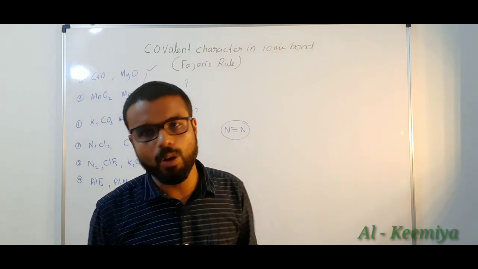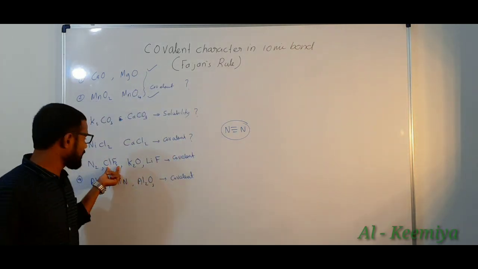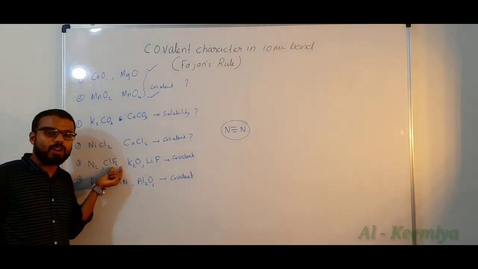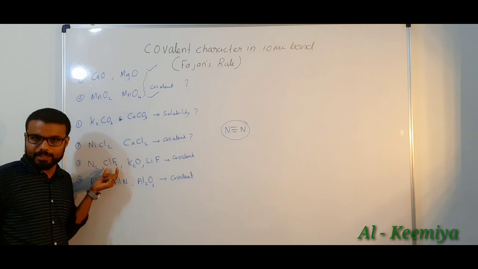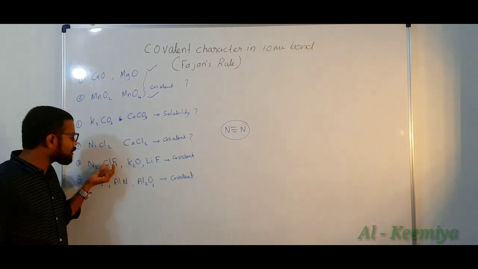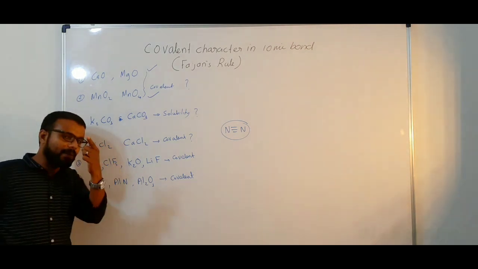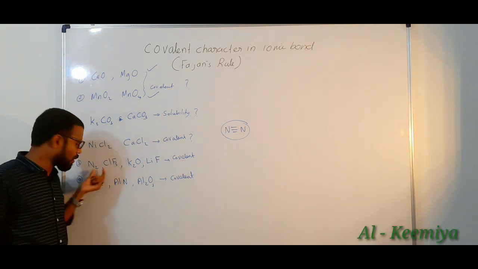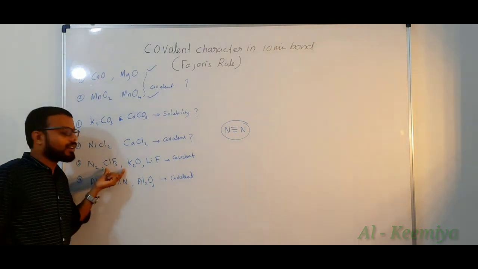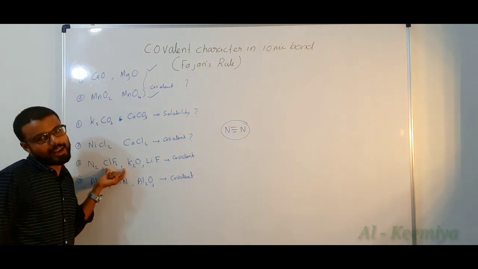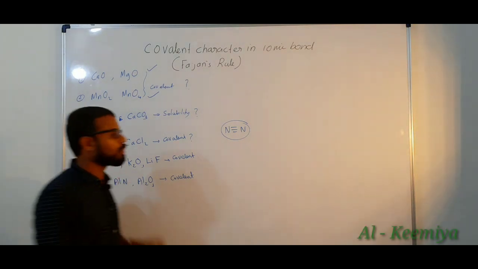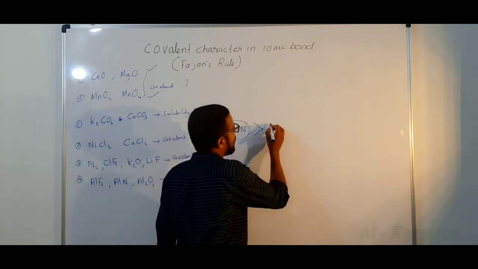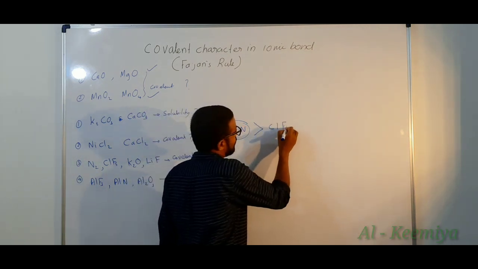So here in ClF3, chlorine is non-metal, fluorine is also what? Non-metal. Two non-metals, so it is covalent. But in this covalent, two different atoms are there, so there is a partial what? Polarity. So little ionic character will be there. So as compared to N2, ClF3 is what? More ionic. ClF3 will be more ionic. So N2 is what? More covalent than what? ClF3.